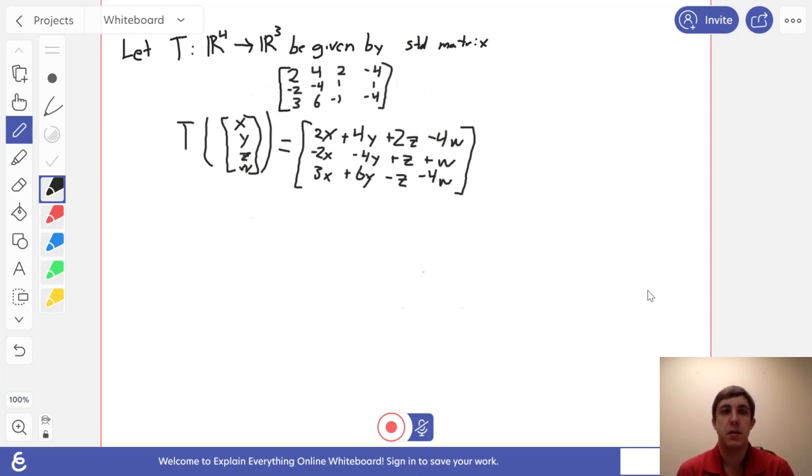Just to recall from previous, the kernel of a linear transformation is all the things that get mapped to the zero vector. So the question we're asking ourselves is, what vectors x, y, z, w, when we plug them into T, spit out the zero vector? In other words, what we need to happen is we need to have that first component equal to 0.